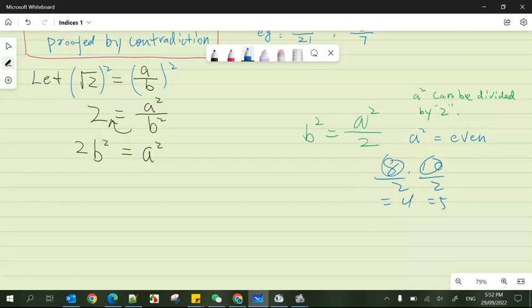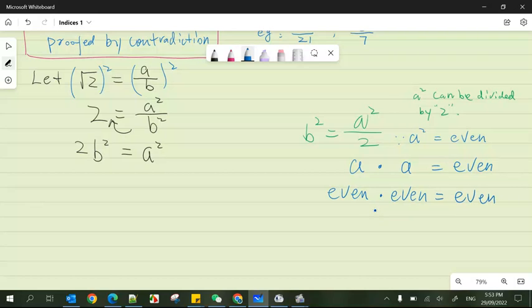So because a squared is an even number, that means a times a is even, and that means a is an even number, because an even number times an even number equals another even number. An odd number times an odd number is still an odd number.